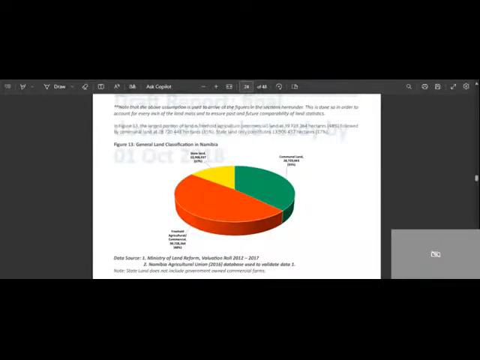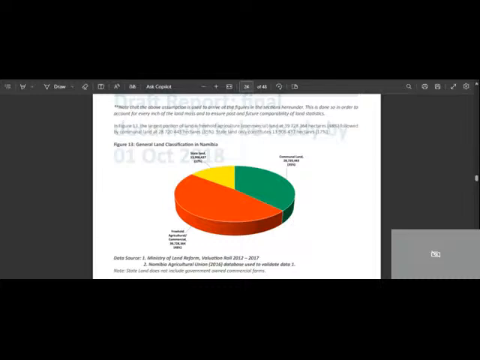Maybe 90% of the population is living on the communal land, and 10% is living on the freehold land, the agricultural, commercial.